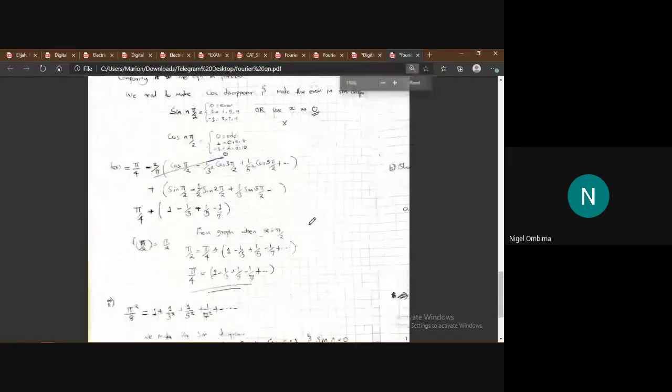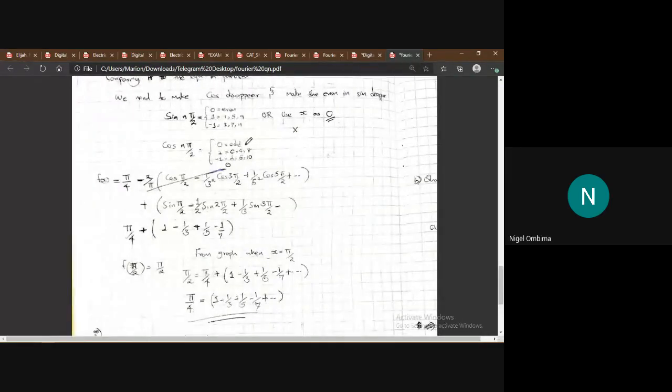So from here, let me zoom in. From here, if it is odd, it becomes a 0. So this whole thing becomes a 0. So we remain with pi over 4 plus the sine functions now. From sine functions, sine n pi over 2 becomes a 0 when n is even.